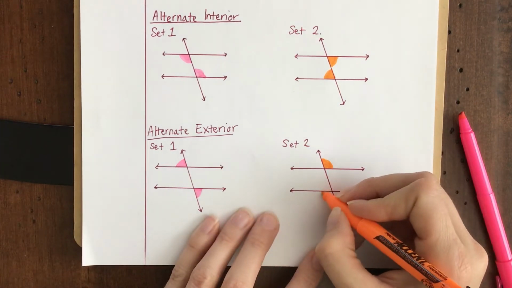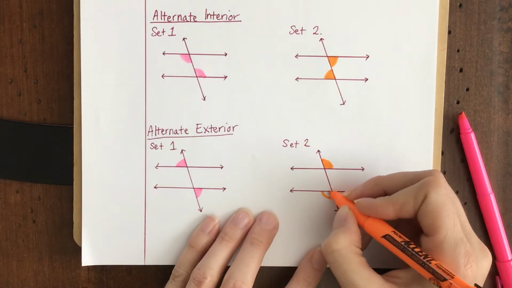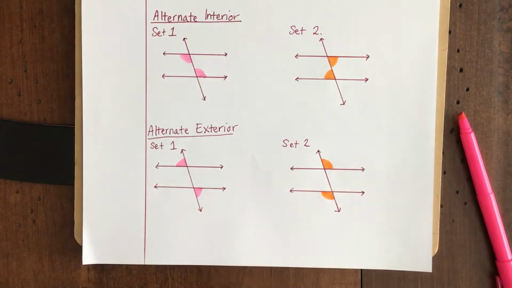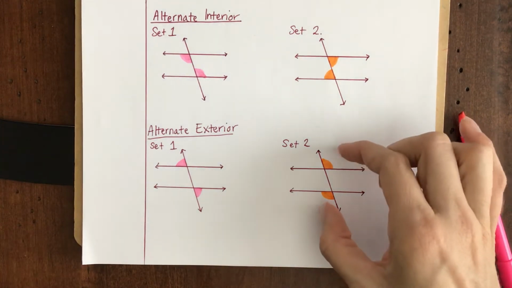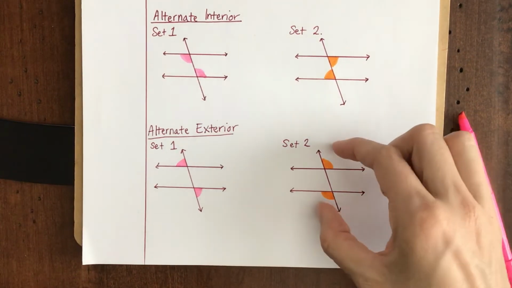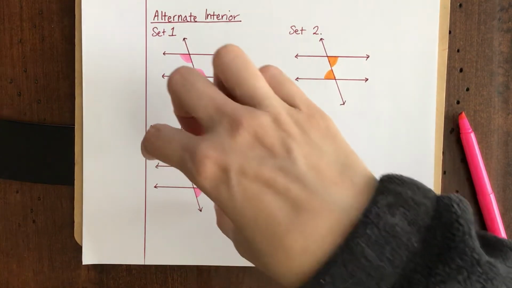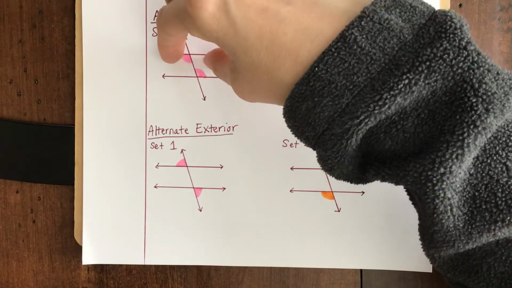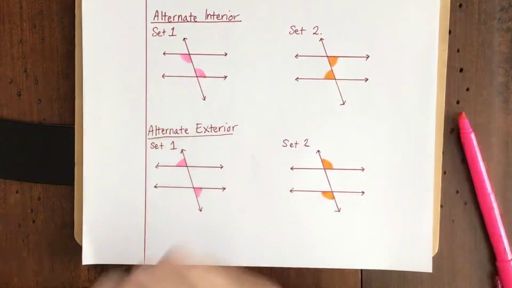And we want it on the outside of the parallel lines here. So this right here would be the alternate exterior angle. So this is a set of alternate exterior angles here, and then this is a set here. This is a set of alternate interior angles, and this is the other set.